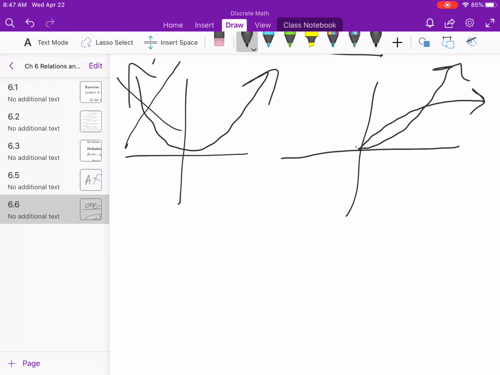So if I let D, my domain of the function, be, maybe I could just let D be all, we'll say, non-negative real numbers.